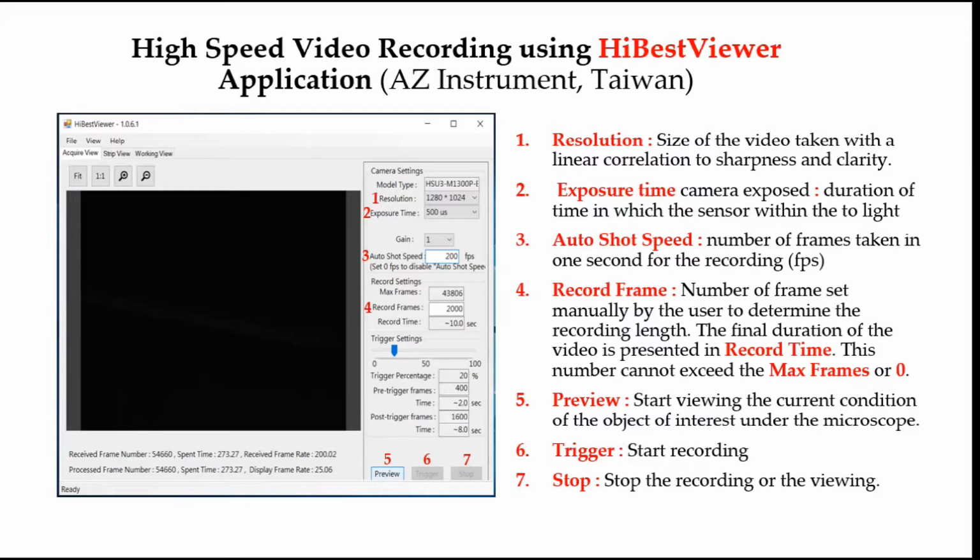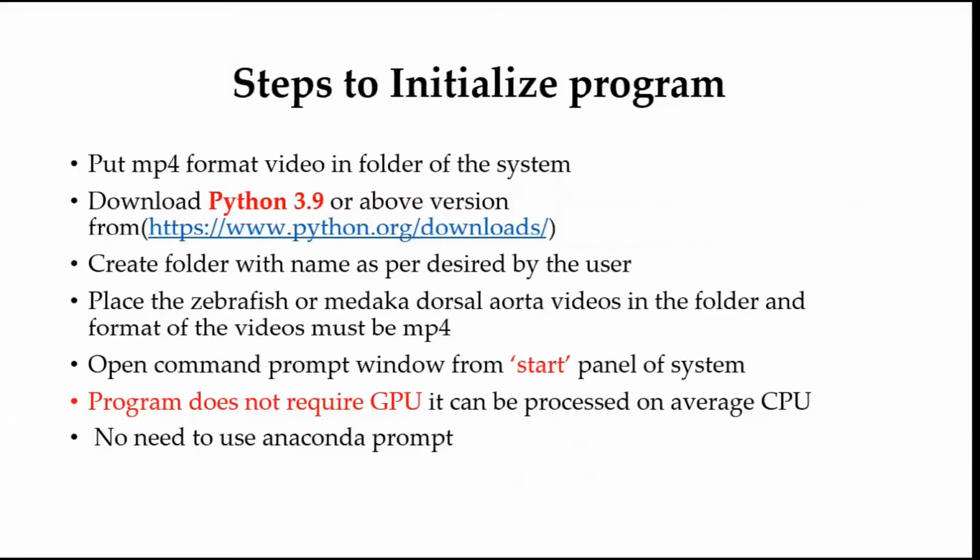The record frames is the number of frames that we actually record in real time, and the record time must not exceed the maximum limit of frames. For the preview, you must have the object of interest under the microscope. In this case we have a fish, and then you will see the trigger, which starts the recording.